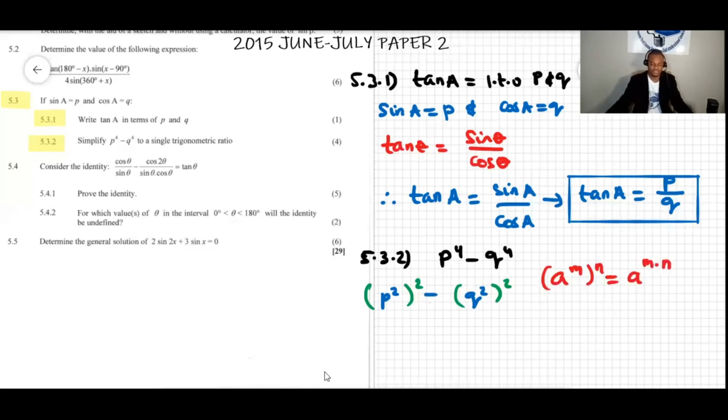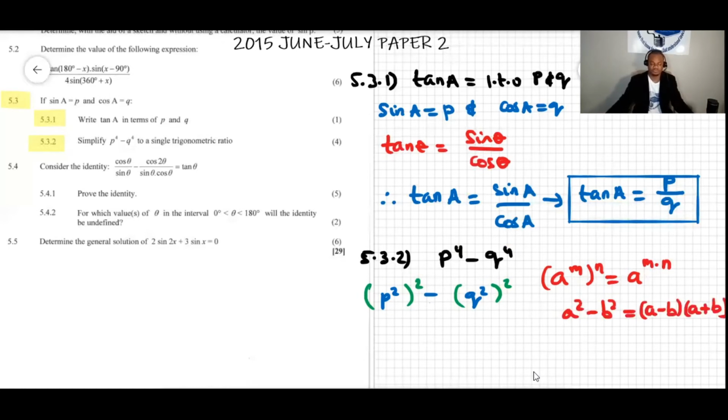If we multiply 2 and 2, we get the power of 4. Now, why am I doing this? Because there's another property called the difference between two squares. It says if we have a squared minus b squared, this is the same as a minus b times a plus b.